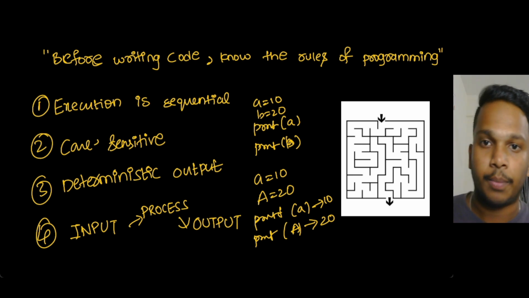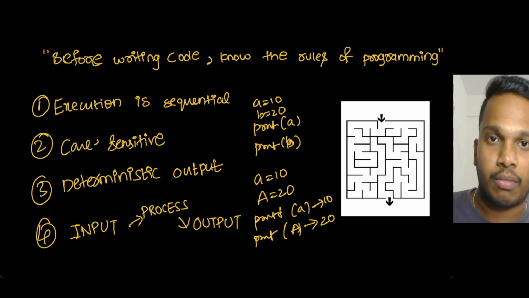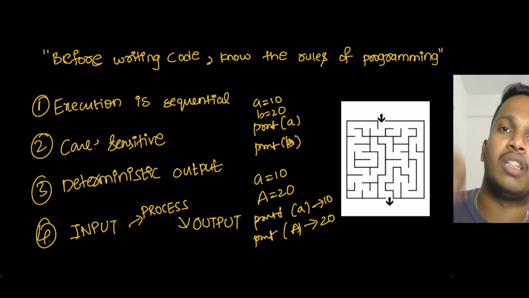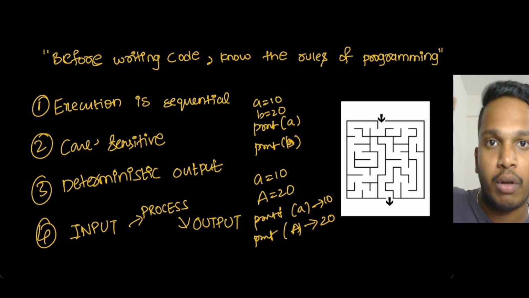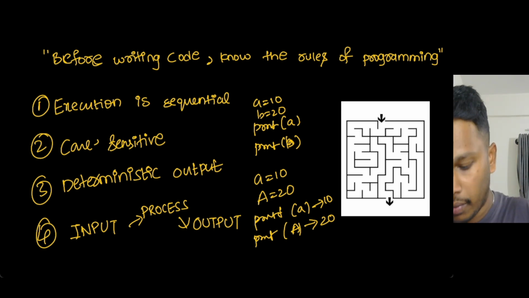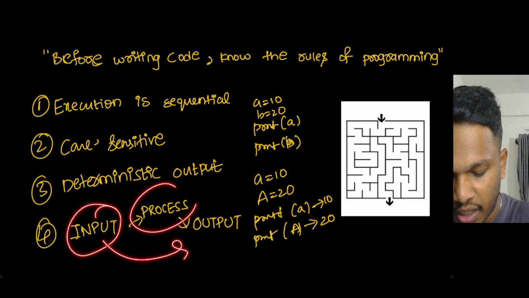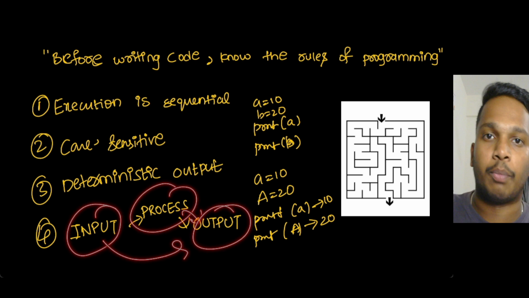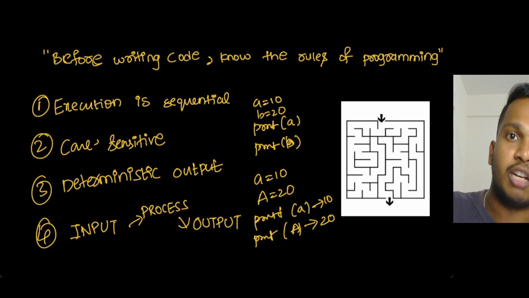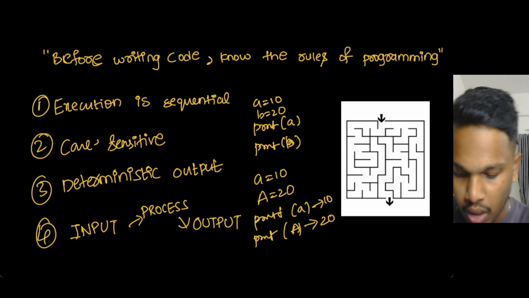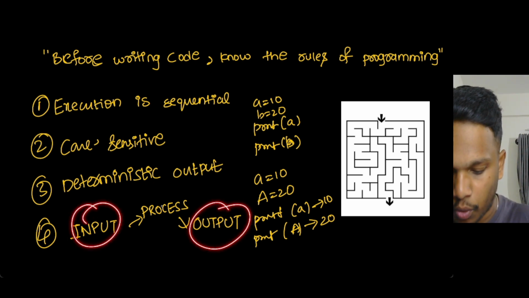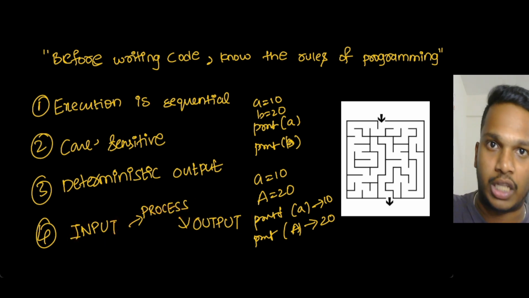You will be given some input for every program, question, or software you are writing, and you will process it to become the output. For example, if you take flour, some ingredients, and vegetables, you will prepare khichdi. The raw material is input, khichdi is the output, and the process is cooking. Similarly here, whatever process you do, you will get the output.